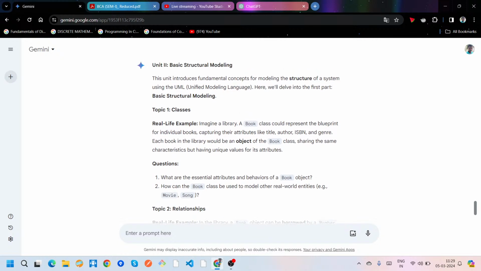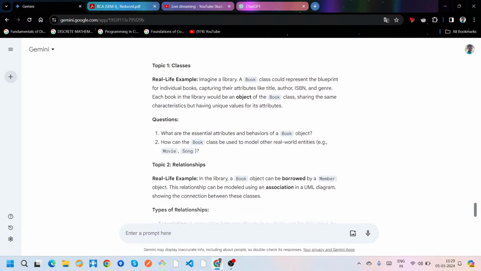This unit introduces fundamental concepts for modeling the structure of a system using the UML. UML means Unified Modeling Language. Here we will delve into the first part, basic structural modeling.